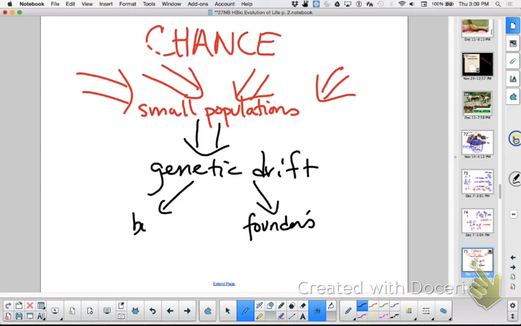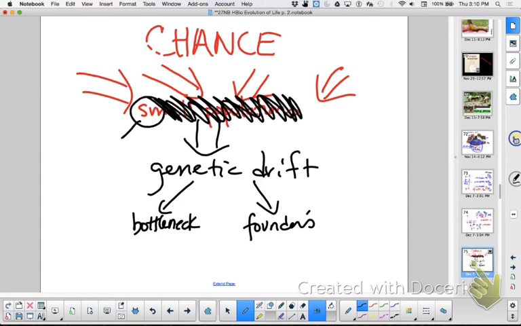What's the difference between the two? I'm going to explain that. So bottleneck effect is when there's some disaster that wipes out part of your small population, so only a small bit start. And is this, our S and M, representative of all the letters here? No. So that is a bottleneck when a crisis wipes some out.